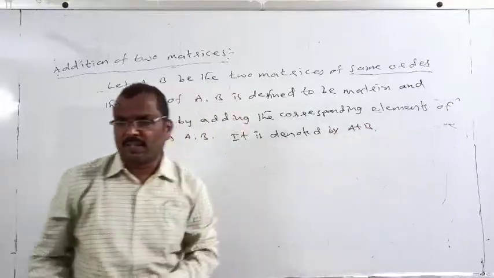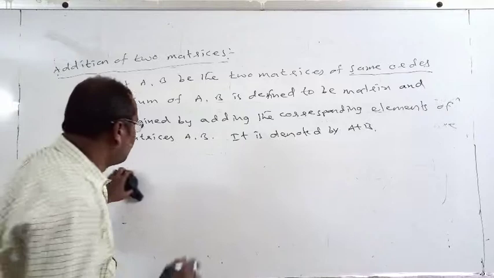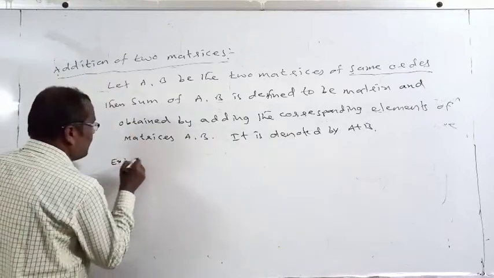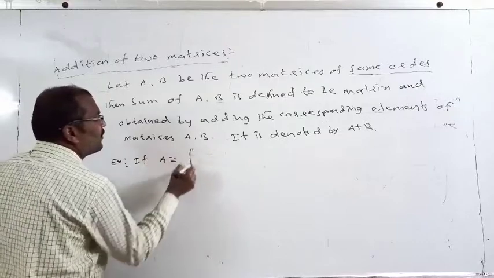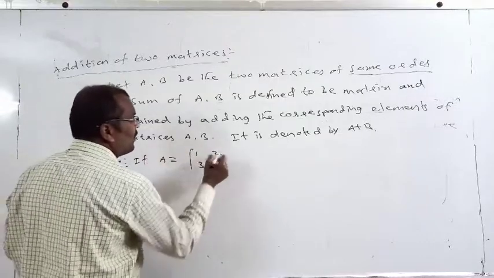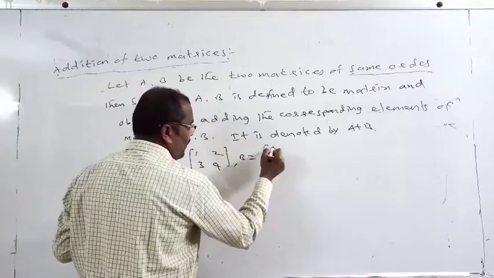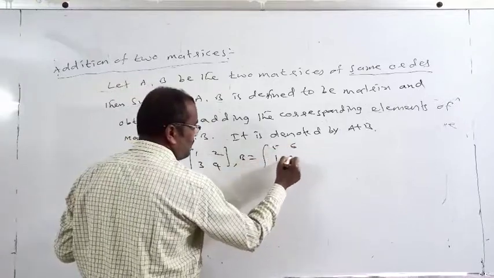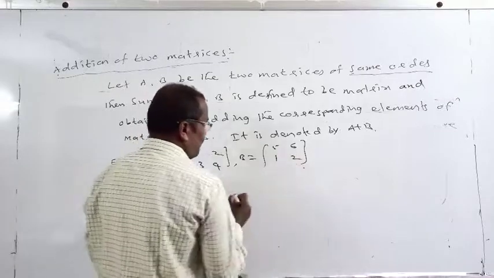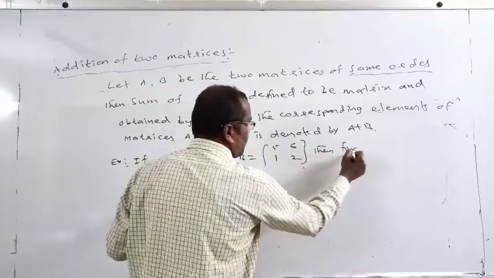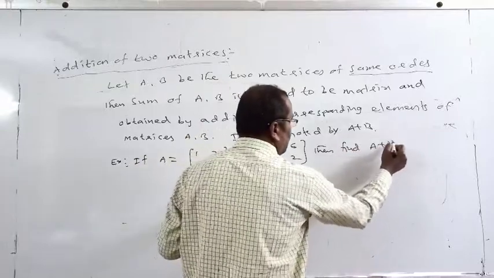So I will use one example. If A is equal to 1, 2, 3, 4 and B is equal to 5, 6, 1, 2, then find A plus B. Very easy calculation.